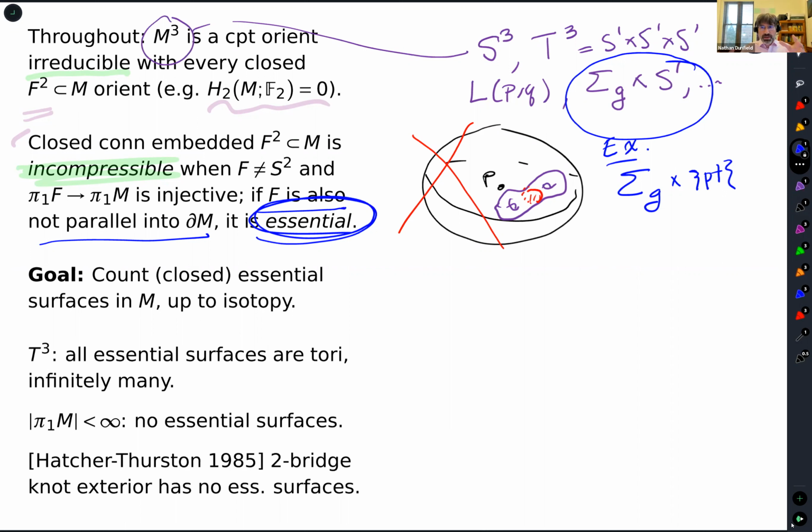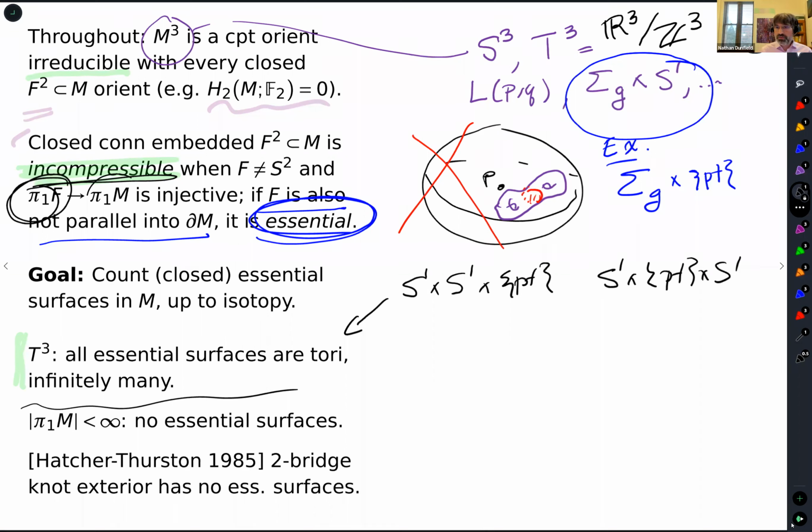So there are a lot of essential tori in this manifold. On the other hand, any essential surface in the 3 torus is going to be a 2-dimensional torus, because of the fundamental group. Whenever we have an incompressible surface, the fundamental group of the surface is a subgroup of the fundamental group of the manifold.